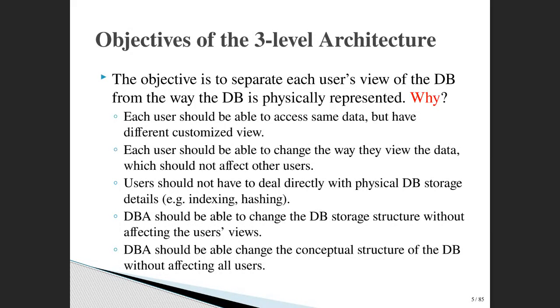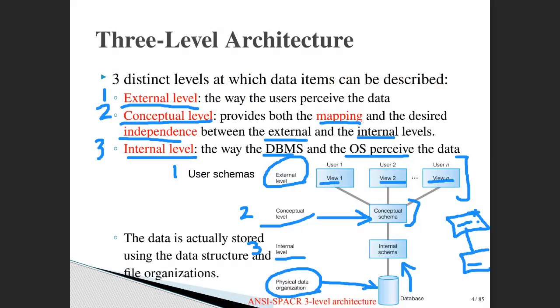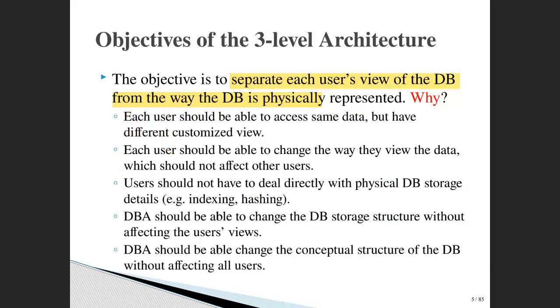So this is the main point of having three levels. We need to see why we need more than one separate user view from the physical representation of the database. Why? For what reason? Because there are so many reasons.